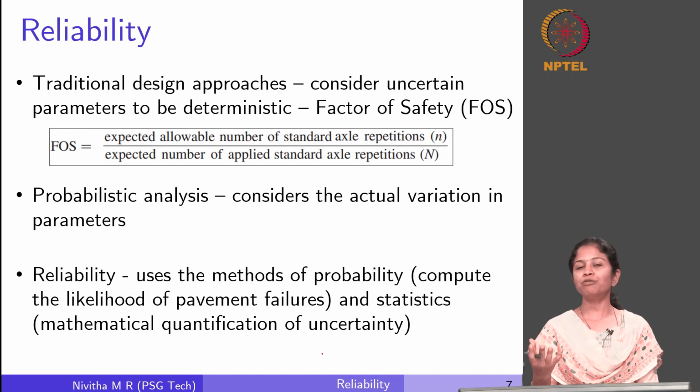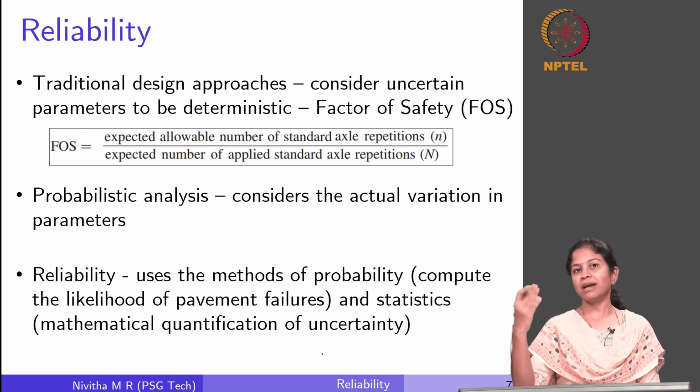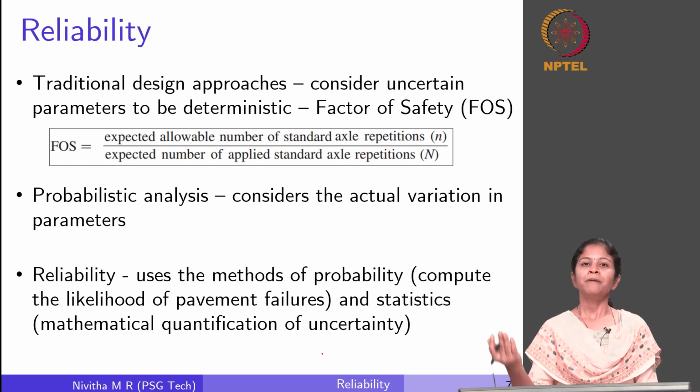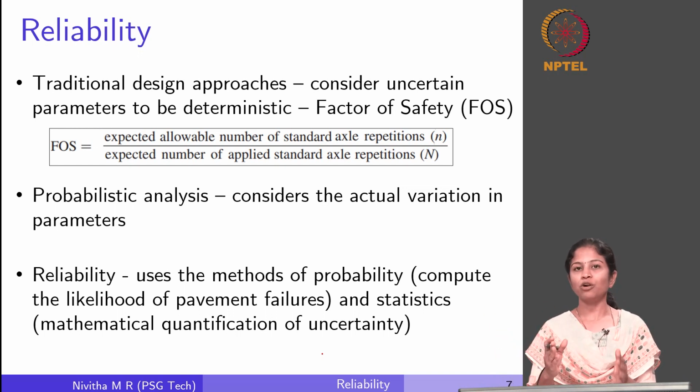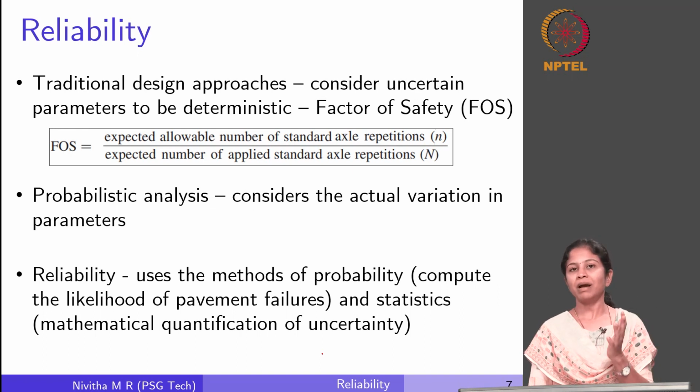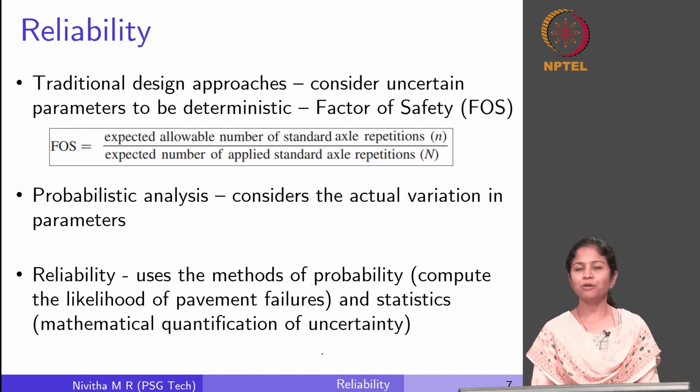So, I am able to factor in all these variabilities, and I am sure that if I am using a higher factor of safety value, then the system is not going to fail in my expected design life. So, we account for these kinds of variabilities by using a factor of safety parameter.